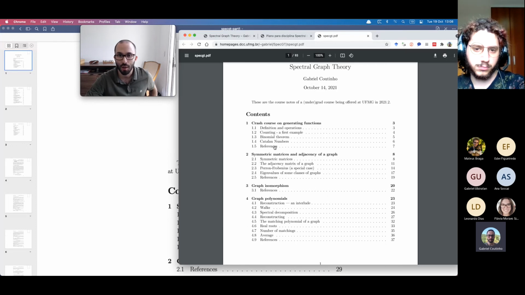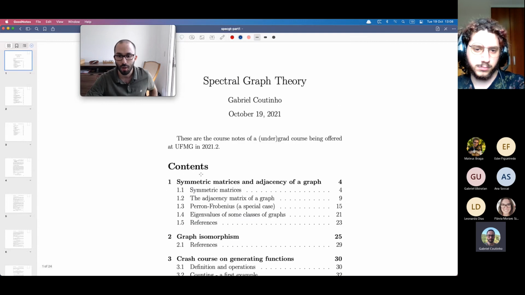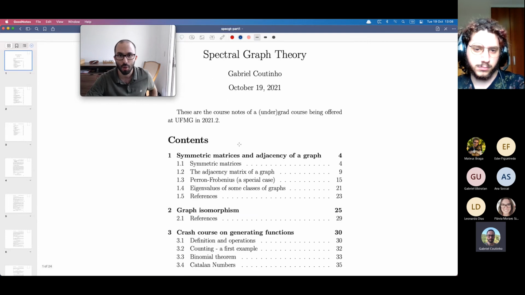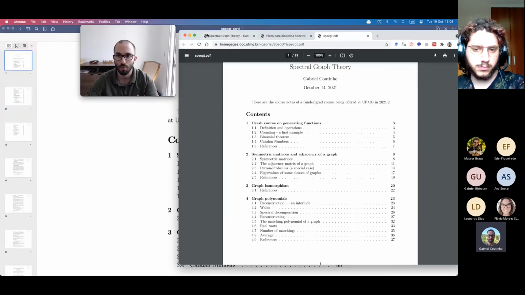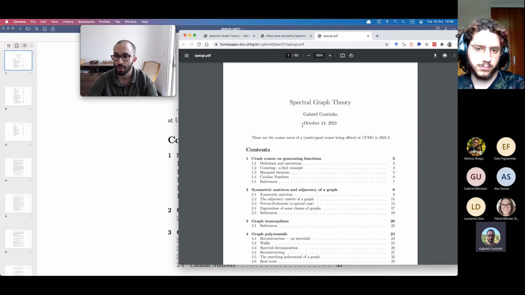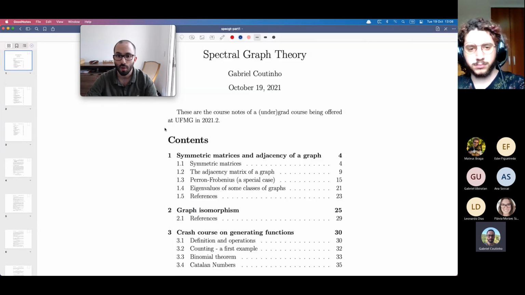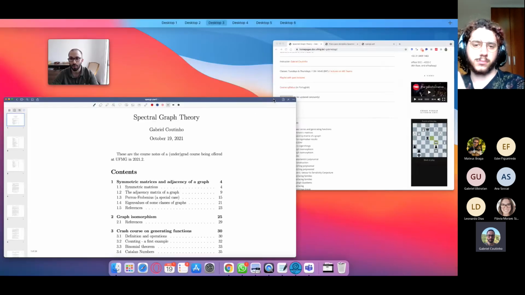Section 1 has actually moved, because I decided to start today's class on section 2. This is already a snapshot of the updated version of the course notes, and I will keep updating them on the website. Whenever you study, please check the website again to get the latest version. Right now, you're seeing the October 14th version. Currently, I have the October 19th version, and so on.